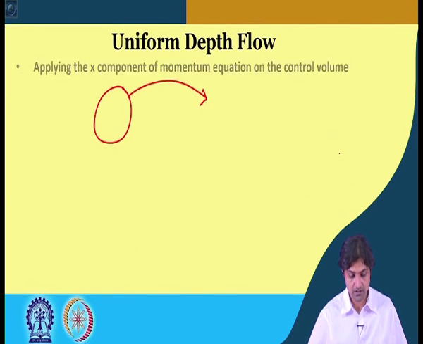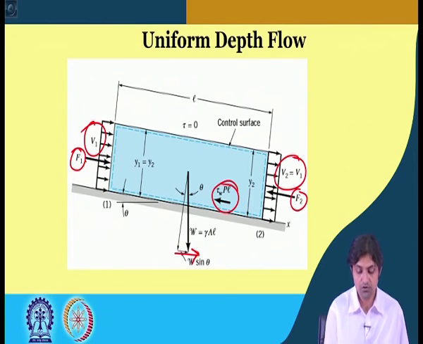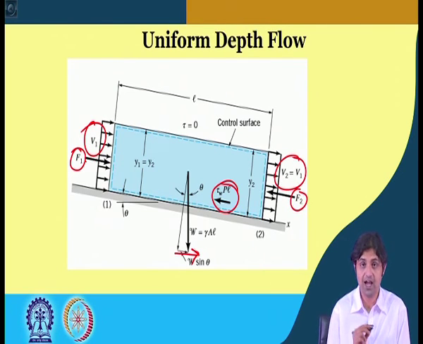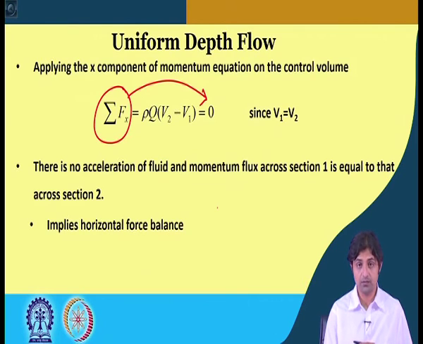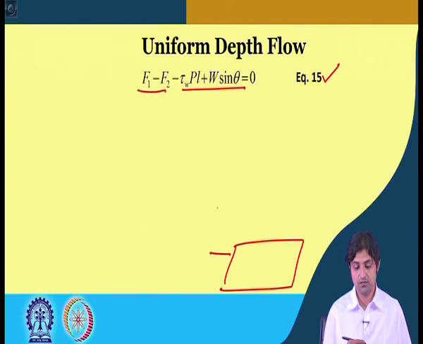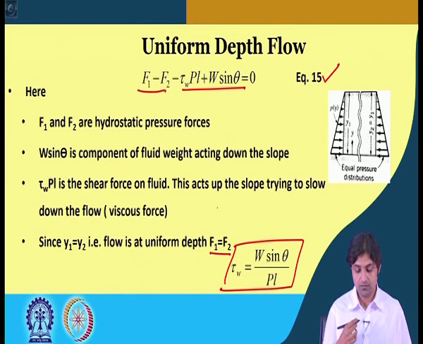Right from the beginning, the shear stress tau W will act on the entire perimeter which is wetted by the liquid. So, all those areas where the water is, that is called the wetted perimeter P.